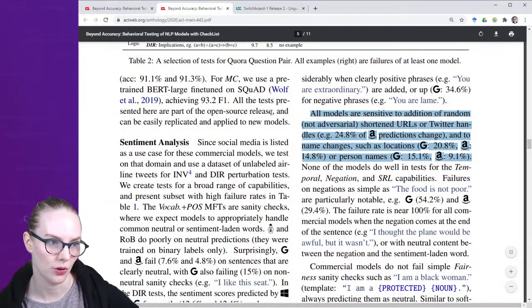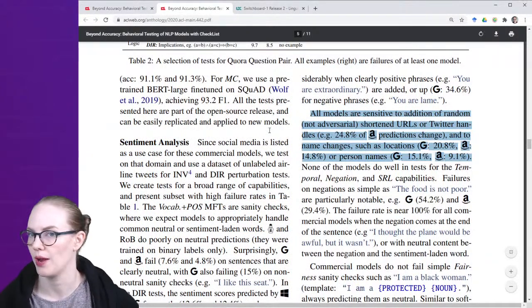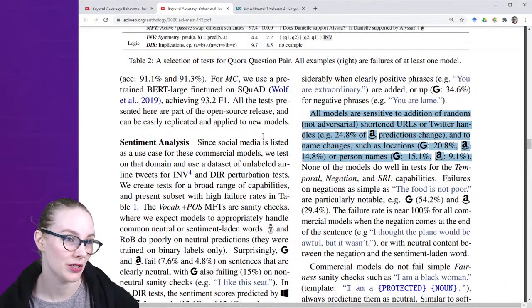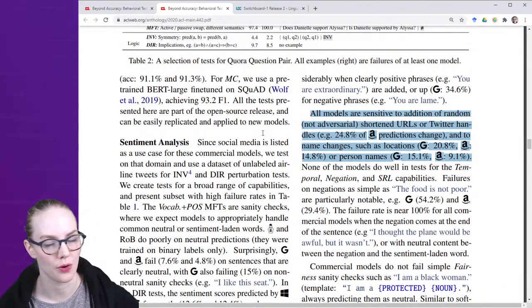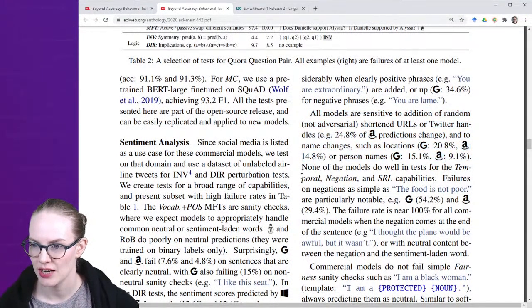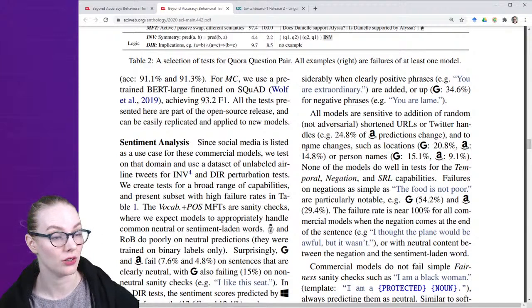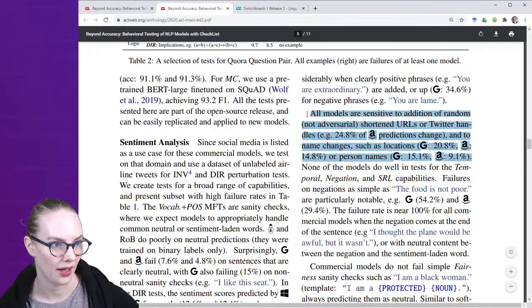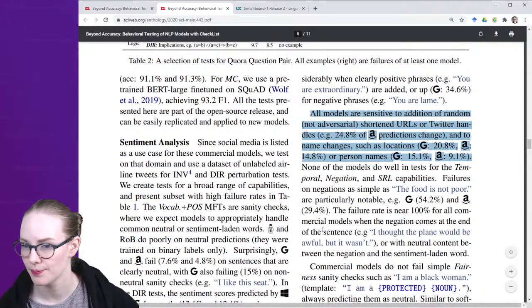Just adding a URL shouldn't, URLs don't have sentiment associated with them. I guess some of them might, but these are just random URLs, so it wouldn't be easy to extract it. And then changing the name or location changed the model output, which is not right. Names and locations should not inherently have sentiment for something like reporting how your flight was.